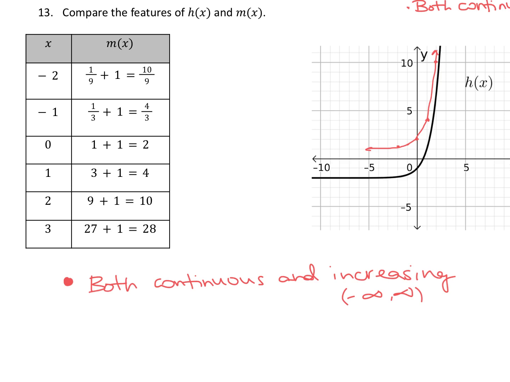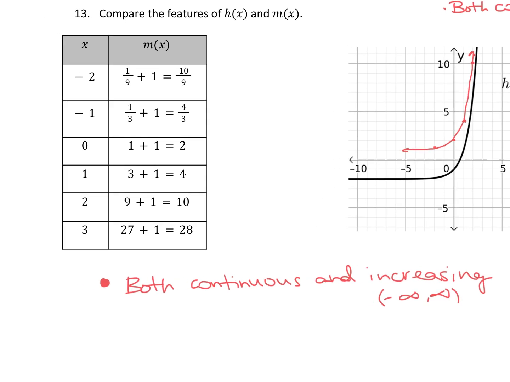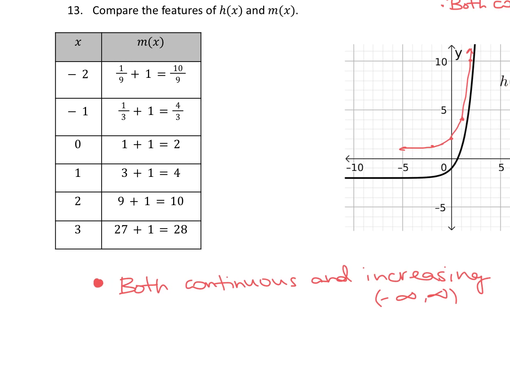It looks like, honestly, right here in this table, do you see this 0, 3, 9, 27? That is the function 3 to the x power. So like 3 to the x power, and then it looks like we just added a 1, added a 1, added a 1.